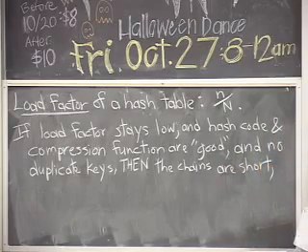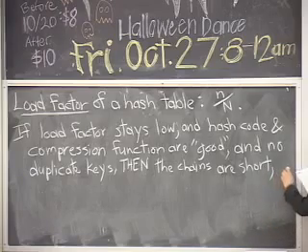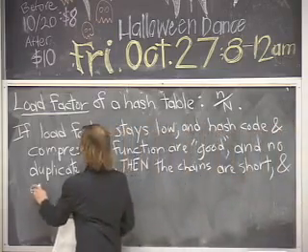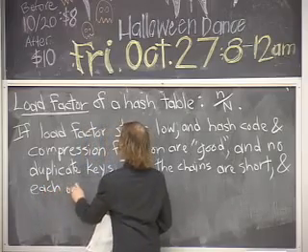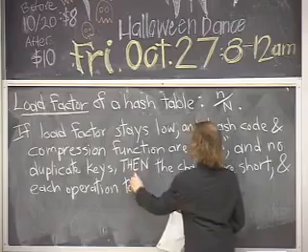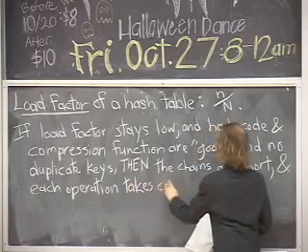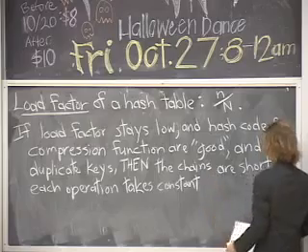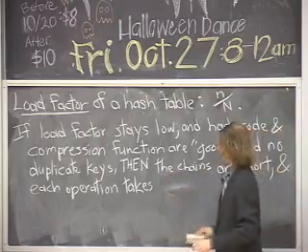Like the chains are 1 or 2 or 3 or 4 items apiece. And therefore, each operation takes constant time. Let's just say order 1.